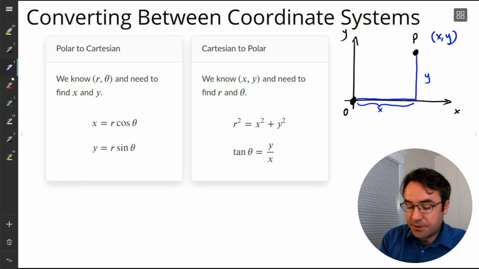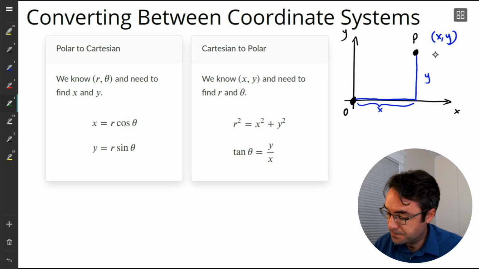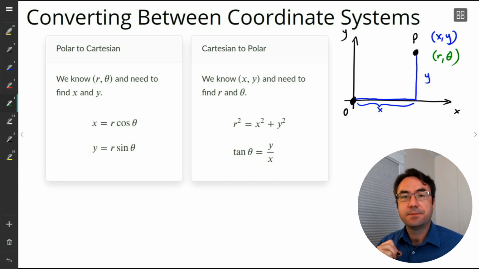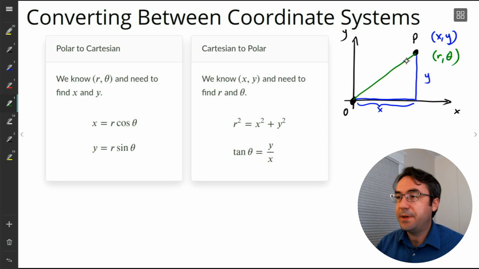All right, so that's if we're thinking of point P in terms of rectangular or Cartesian coordinates, but we could also think of it in terms of polar coordinates. So what do polar coordinates measure? Well, here we could think of it as r comma theta. R represents the distance from point P to the origin, so it's the length of this side.